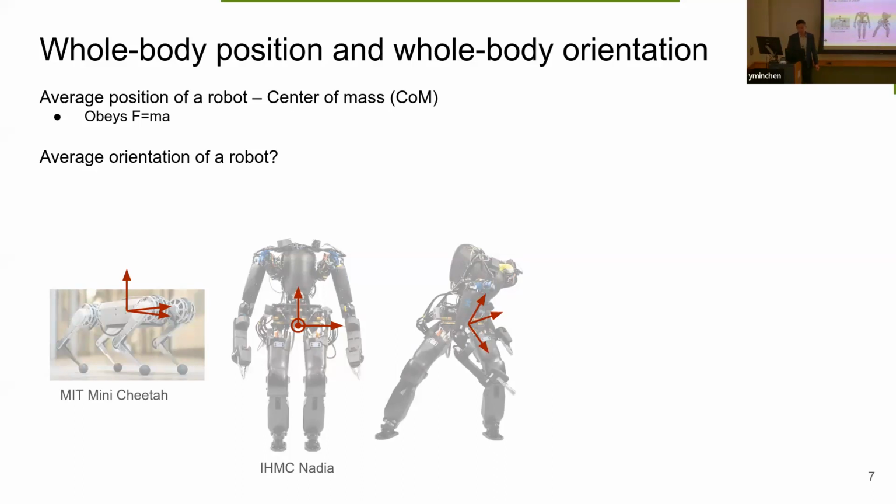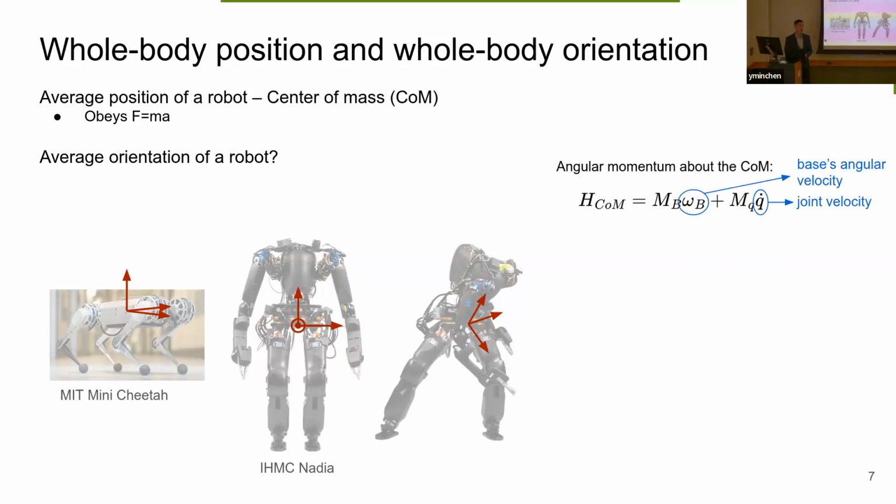So to find this average orientation, we have to start with things that we trust. In classical mechanics, angular momentum has very nice characteristics. We have the dynamics, the equation of motion of it.